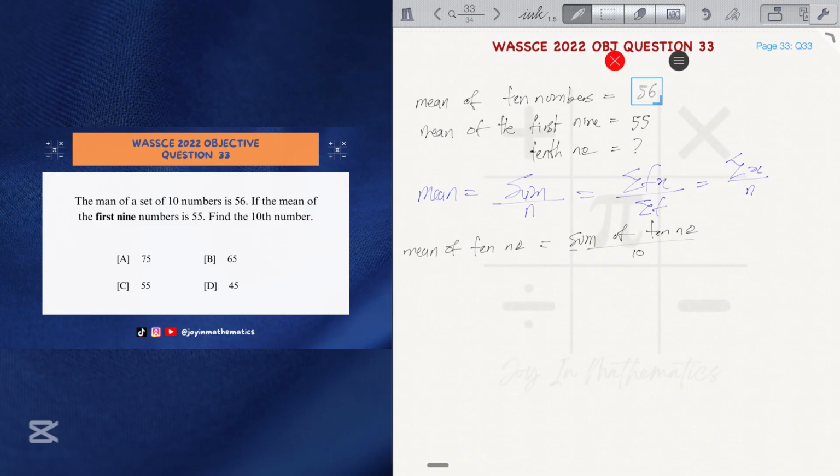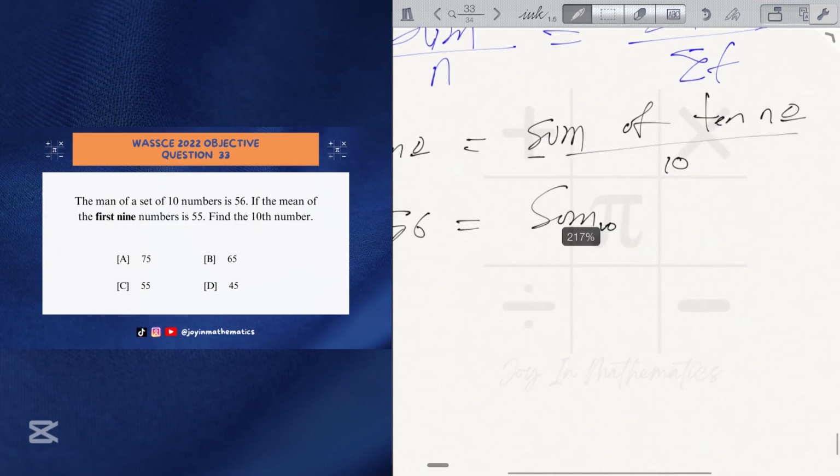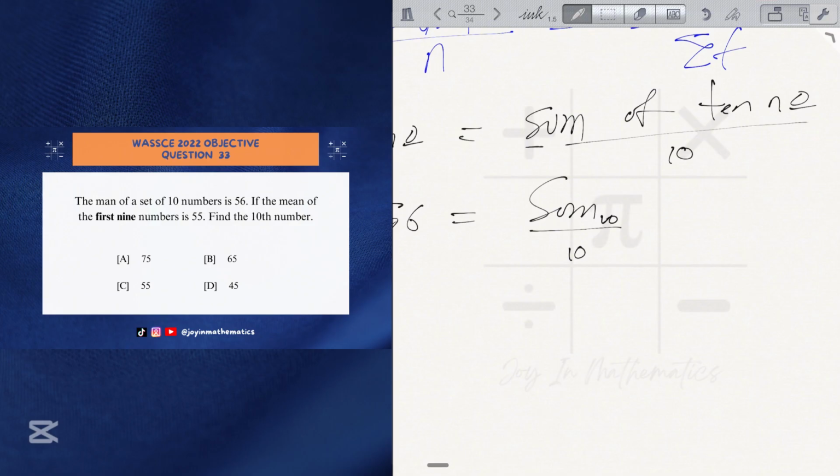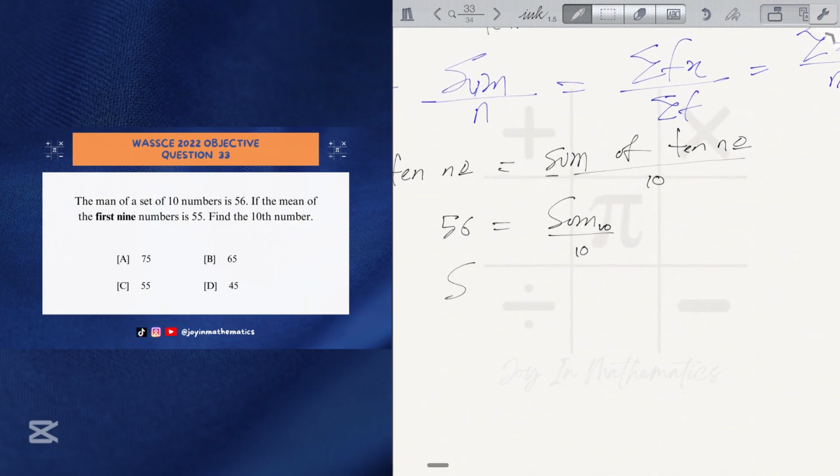So 56 is equal to the sum of 10, let's use S10 to indicate that, divided by 10. We're using S10 to indicate, not sum 10. So the sum of 10 numbers will be 56 multiplied by 10, and we have S10 to be equal to 560.